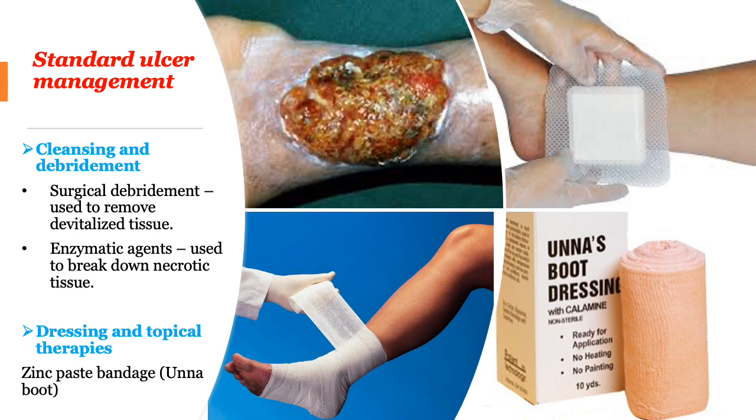Any dead tissue, necrotic tissue, or devitalized tissue should be removed either surgically, what we call surgical debridement, or by using topical agents called enzymatic agents that break down and separate the necrotic tissues from the ulcer bed.